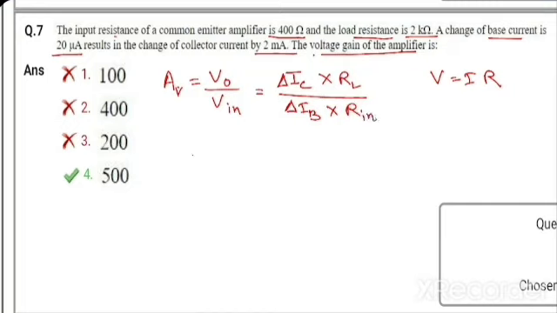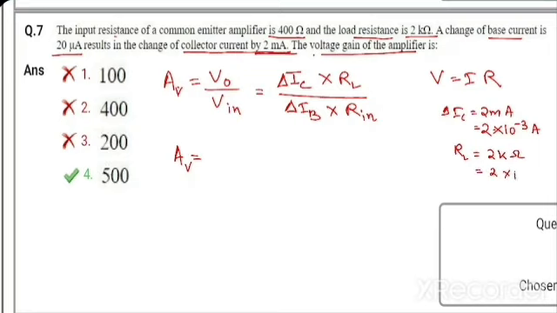Then AV is equal to, we can put the values. Delta IC is the change of collector current by 2 milliampere, so the value is given: 2 into 10 to the power minus 3 ampere. Load resistance RL is also given, 2 kilo ohm, that means 2 into 10 to the power 3 ohm.